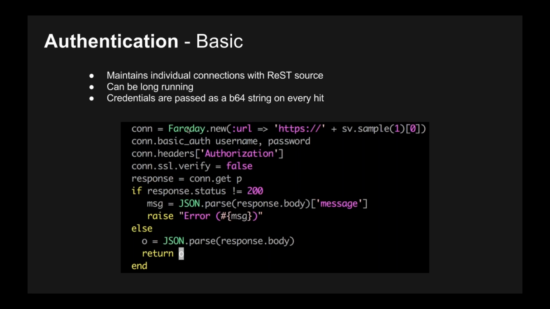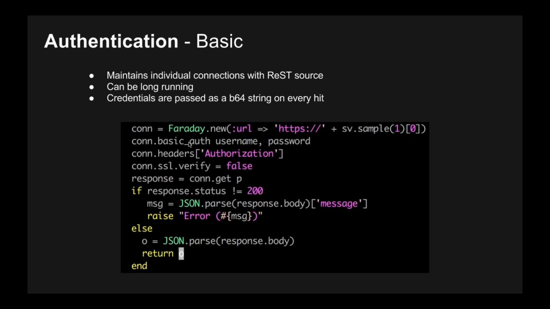Essentially what I'm doing here is defining my connection. I favor the Faraday libraries, and this is Ruby code. I probably said that before, but I tend to write in whatever language fits the situation. In Ruby, I prefer the Faraday request module because it's very robust. It'll handle pretty much anything you want to do.